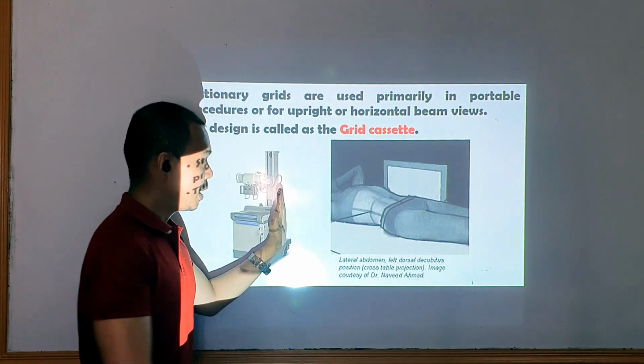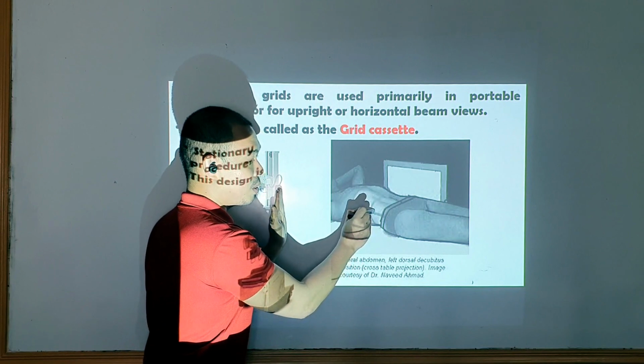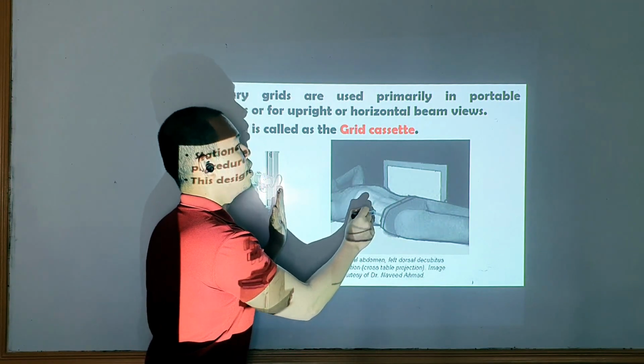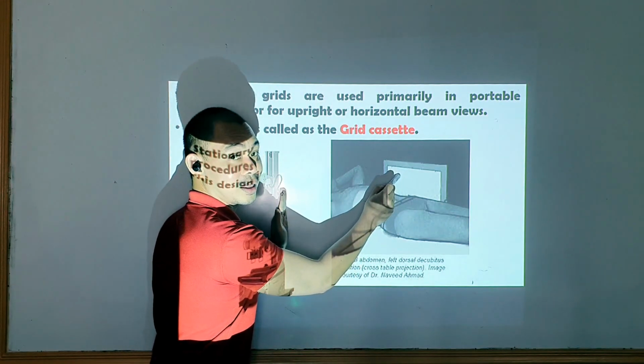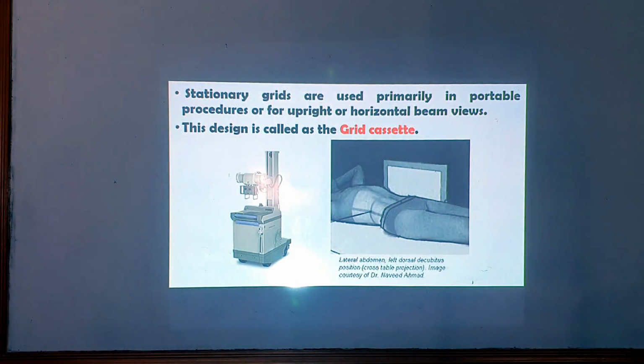So obviously, X-rays will come out here, go towards this area, get information, and register that information on your grid cassette, which is placed here. Are we clear, guys? So that is one of the things that you can do during your portable radiography.